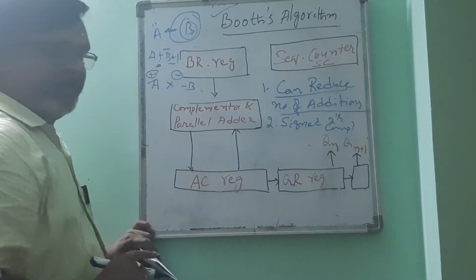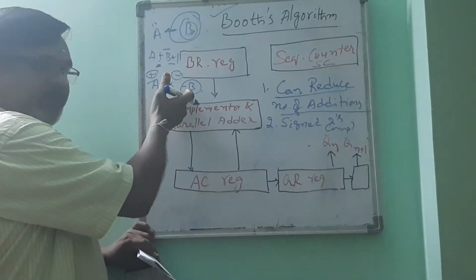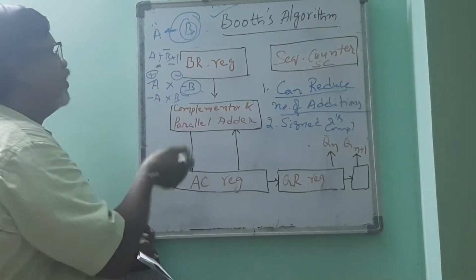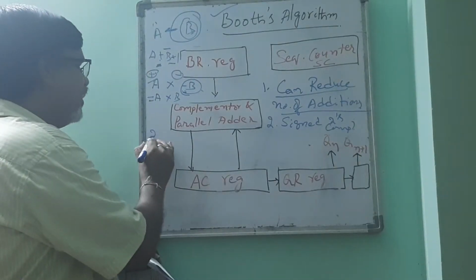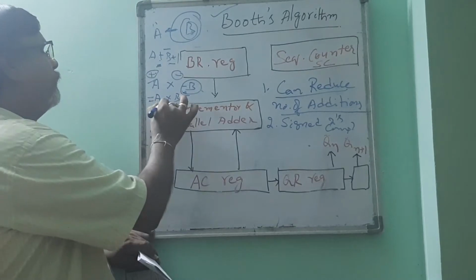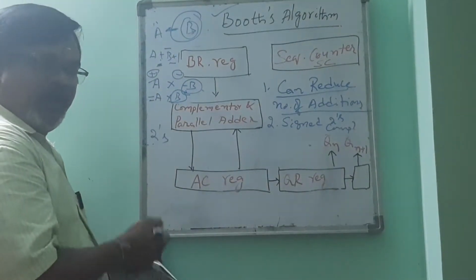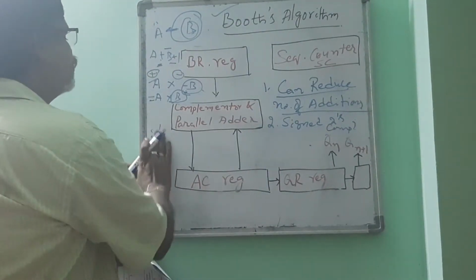Whatever negative number is given, sometimes minus b, sometimes minus a into b, that negative value is converted into its 2's complement and multiplied with the second number as usual. This is how we perform Booth's algorithm.